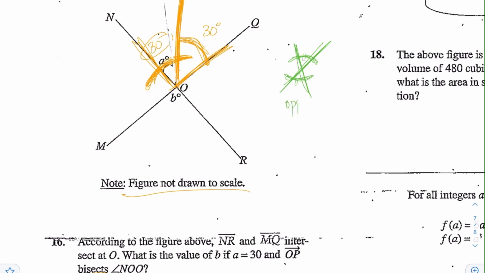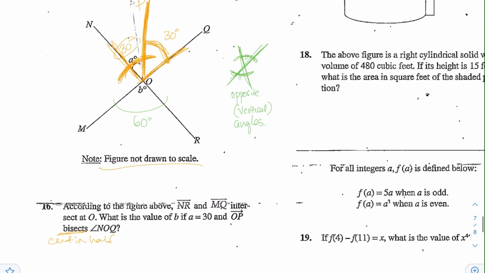They'll call opposite or vertical angles. So the top piece is 30 plus 30, or 60. That means the bottom is also equal to 60 degrees. So to figure out the value of B, you know that B has to be equal to 60 degrees. That's the opposite of the top angle.